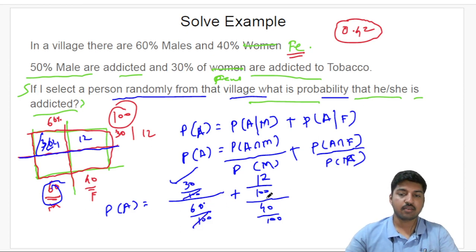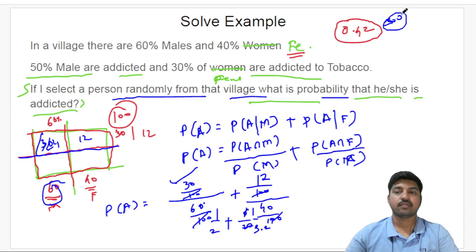It will be 30 divided by 60, and 12 divided by 40, so 1 divided by 2 plus 6 divided by 20. It will come to somewhere around 3.2. You can do this calculation part, but I think it should be greater than 50 if we do the calculations on this basis.